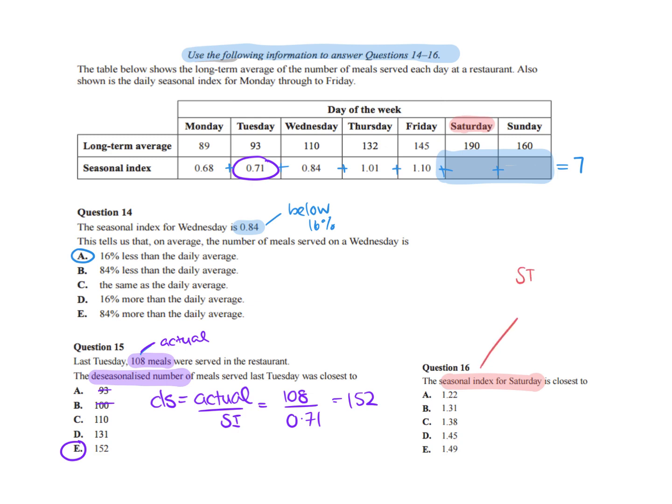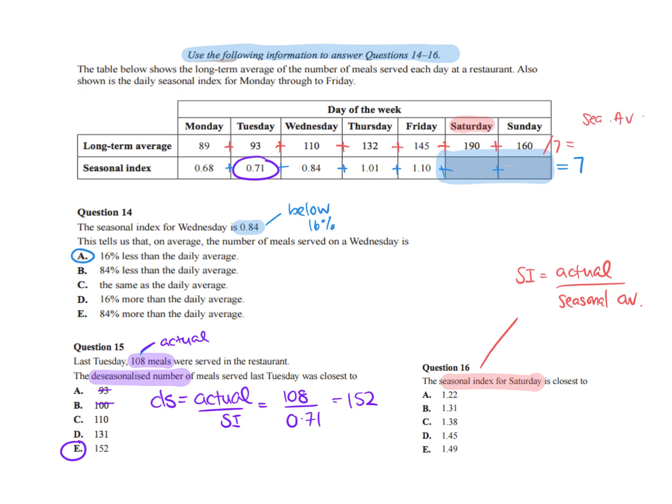So let's go and write. The seasonal index formula is the actual over the seasonal average. If you go back in your notes, you'll see that. So how do I find a seasonal average? I have to add them all up and divide by 7 to get the seasonal average.